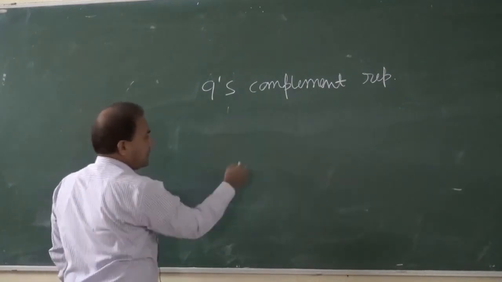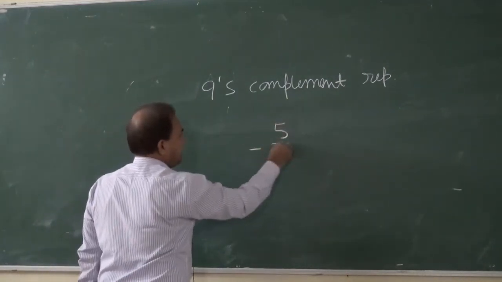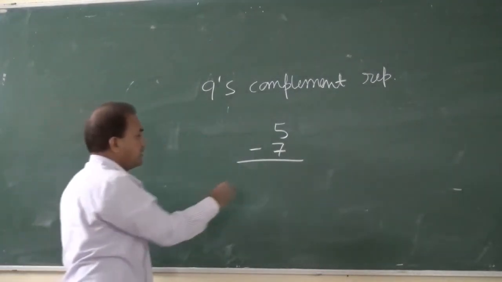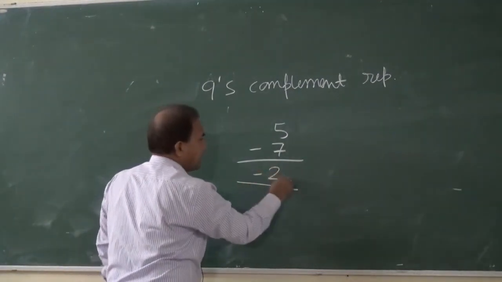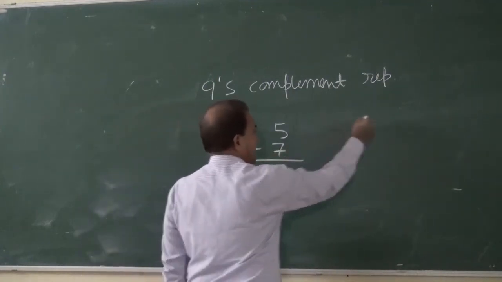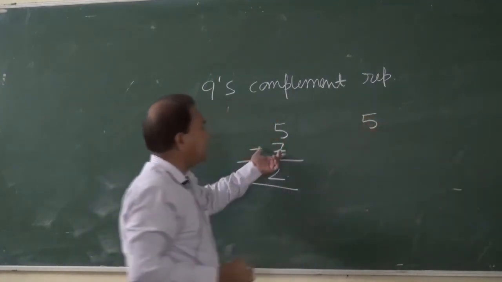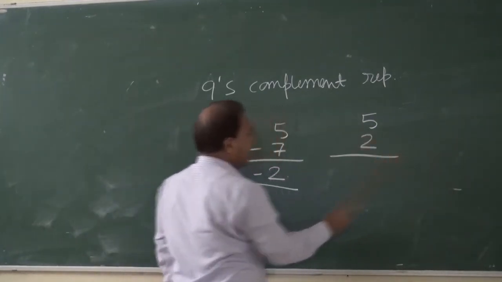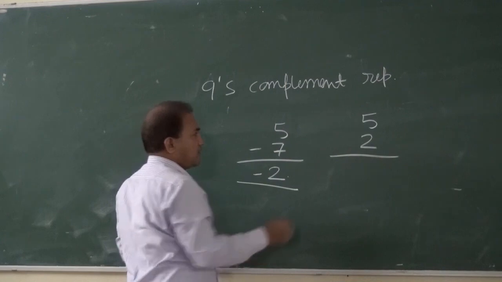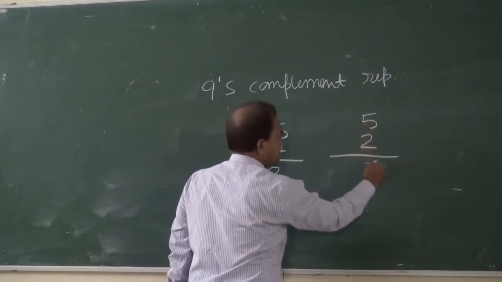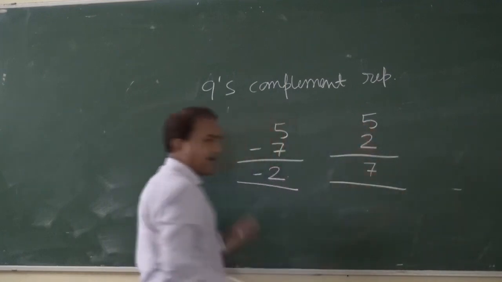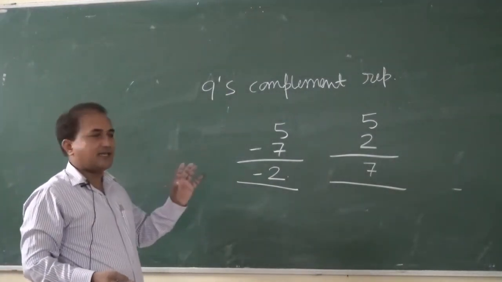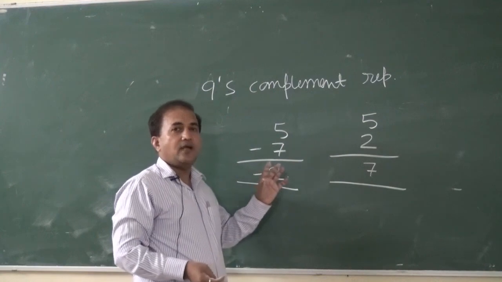Similarly for the other number, that is 5 minus 7, by using 9's complement. How can you do this? Your answer is minus 2. So you can write 5. How can you represent minus 7? It is 2 in 9's complement. So 5 plus 2 is 7. If no carry is generated, just like 1's complement, then what do you have to do?